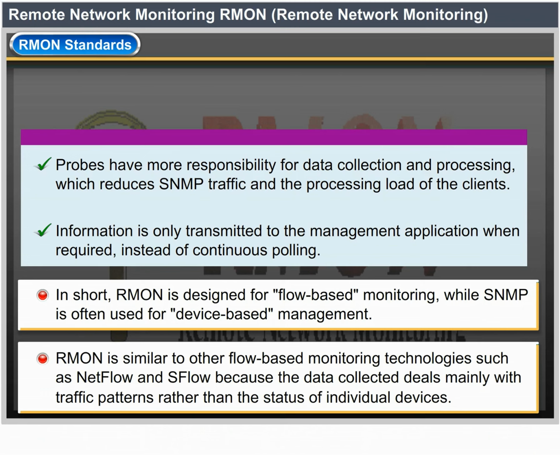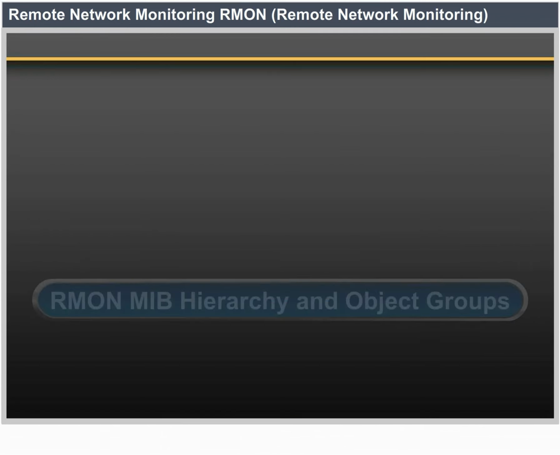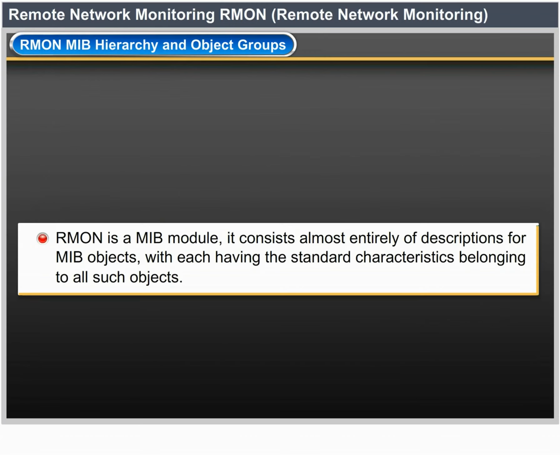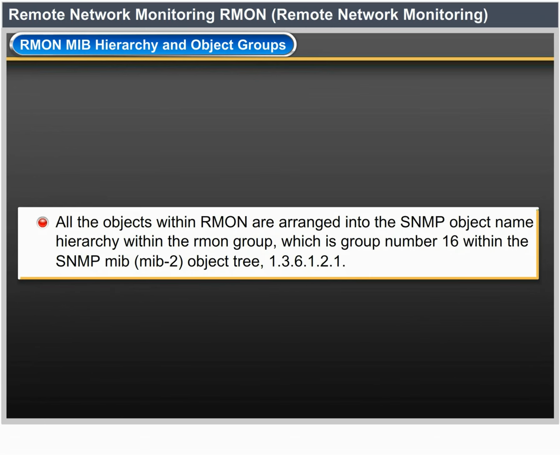RMON MIB hierarchy and object groups. RMON is a MIB module. It consists almost entirely of descriptions for MIB objects, with each having the standard characteristics belonging to all such objects. All the objects within RMON are arranged into the SNMP object name hierarchy within the RMON group, which is group number 16 within the SNMP MIB, that is MIB-2, object 1.3.6.1.2.1.